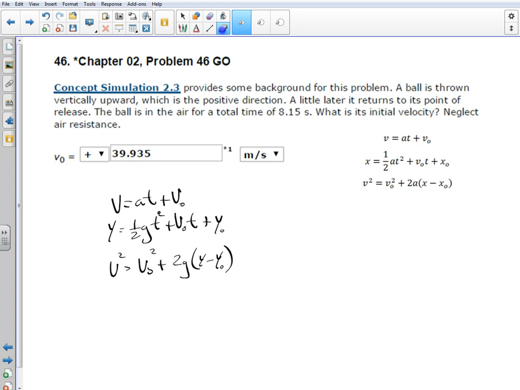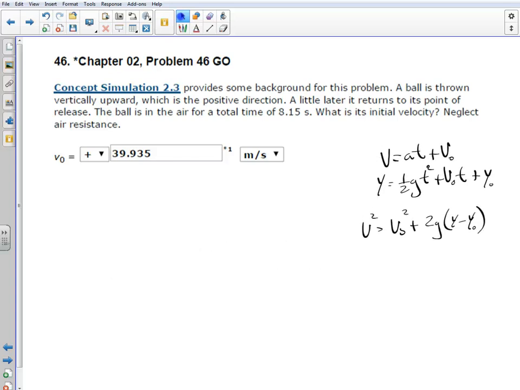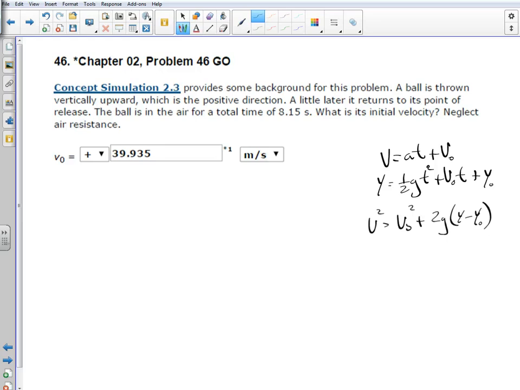So I'm going to replace the kinematics I have. They're the same equations. I'm just changing the x's to y's basically, and all the accelerations to g. So start off the same way.